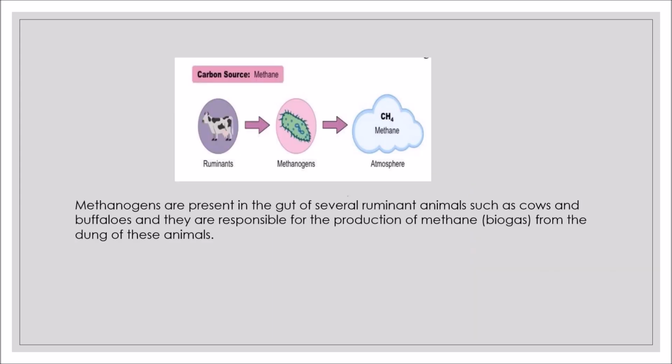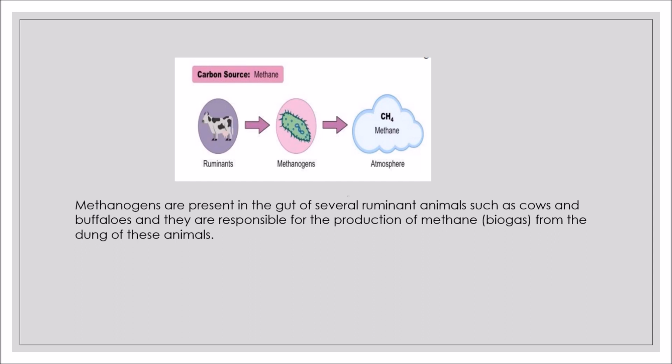Next is methanogens. I have already told you what methanogens are: archaebacteria present in marshy areas. These methanogens are also present in the gut of several ruminant animals like cows and buffaloes.